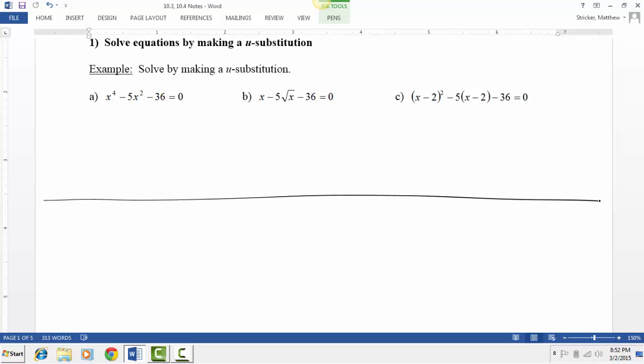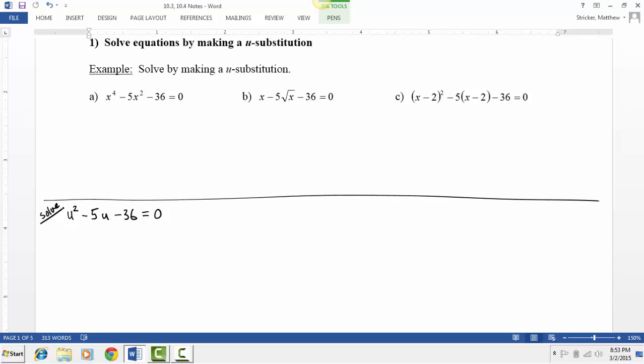There's a number of different ways to solve quadratic equations, but if I have, for example, the quadratic equation, let's do u squared minus 5u minus 36 equals 0, and I said solve this. Hopefully by this point in the semester everybody would be able to do this. You could factor, you could complete the square, you could use the quadratic formula.